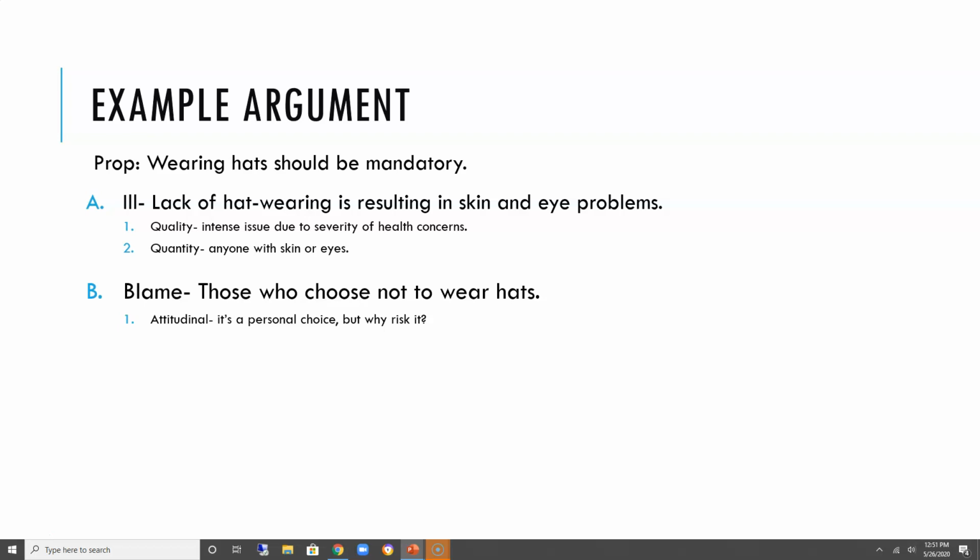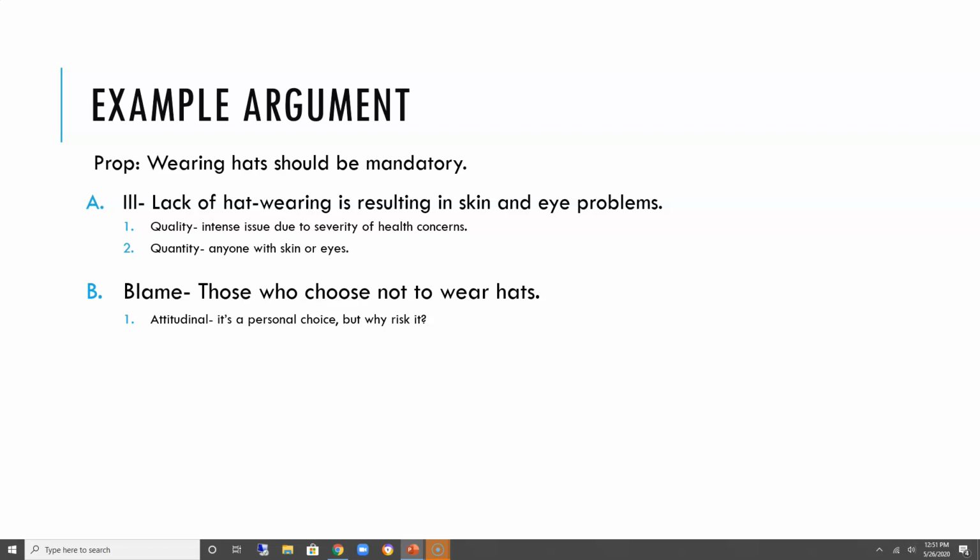If I wanted to get super creative and bring socioeconomic status and the affordability of hats in, then I could turn it into a structural argument as well. So something to put in your notes for blame is that arguments could have one type of blame or both. They do not necessarily always have both. Some arguments will just have attitudinal blames, some will just have structural blames, and some will have both.